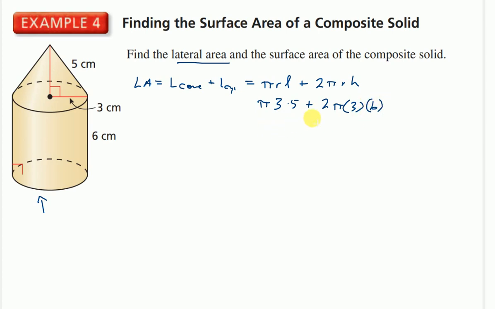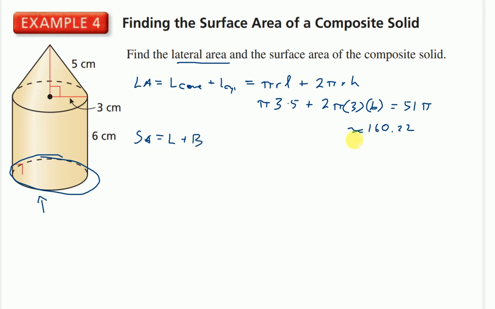All right, and that comes out to be 51 pi, or approximately 160.22. Then if we want to know the whole surface area, we have to add the area of the base to that. So the surface area is the lateral area plus the base.